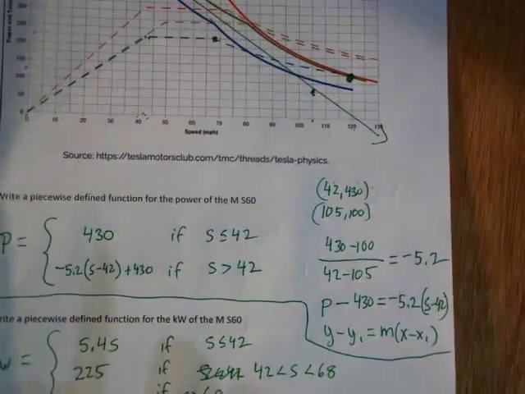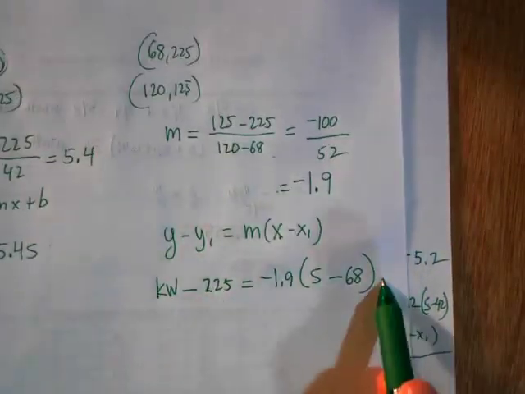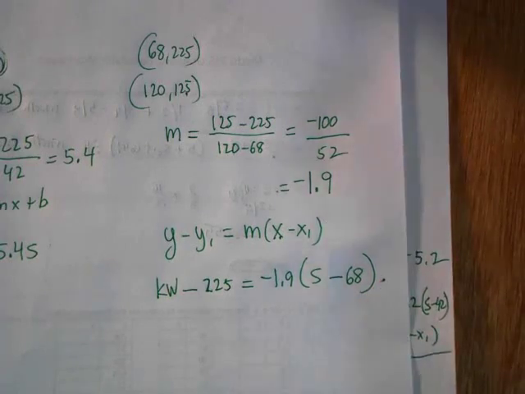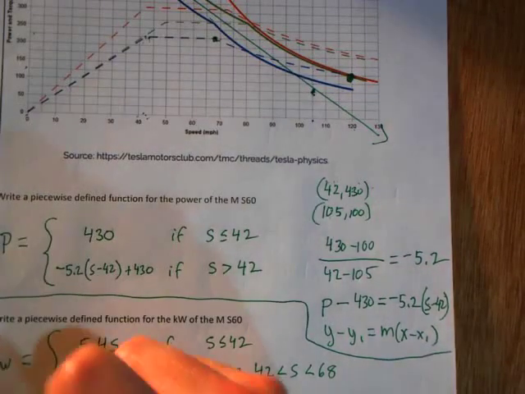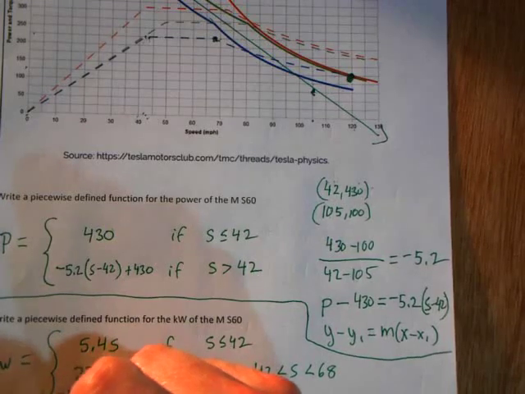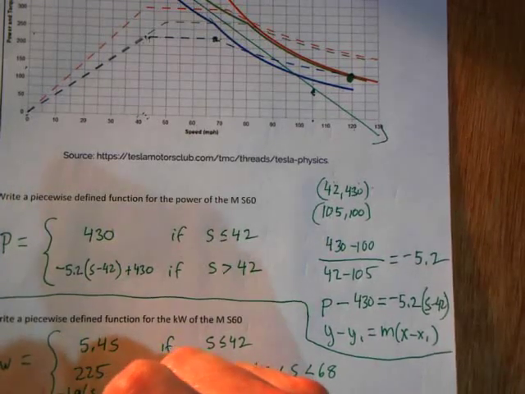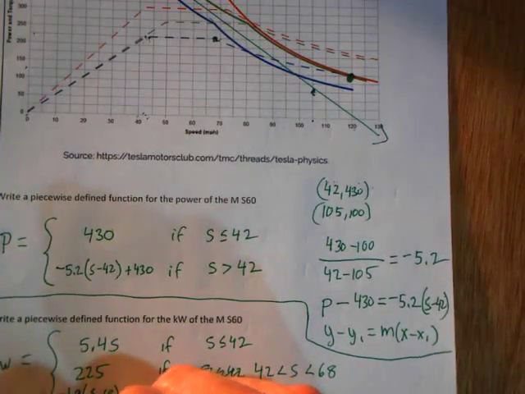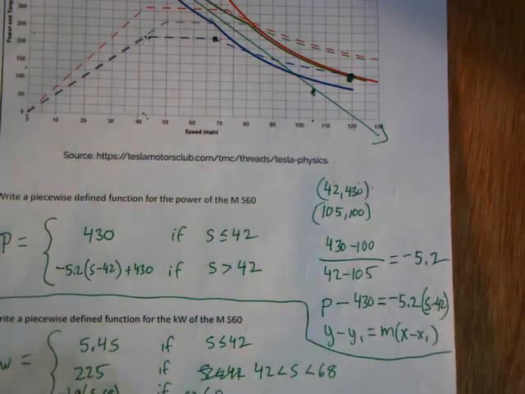Okay, so again, to write that here, I would move the 225 over to the other side, and I'm going to be lazy, I'm not going to simplify. So it would be negative 1.9 times s minus 68 plus 225.